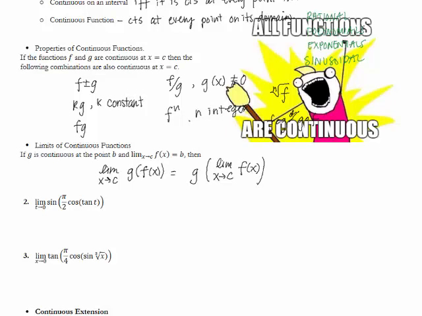This is very powerful, but it seems probably a little bit awkward. What it allows us to do is take this limit statement and slip it inside another function.